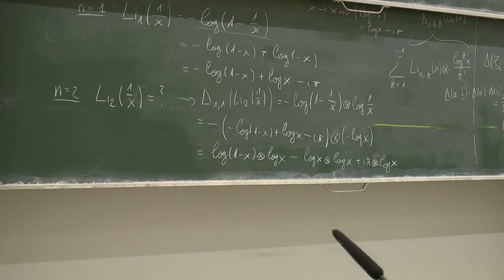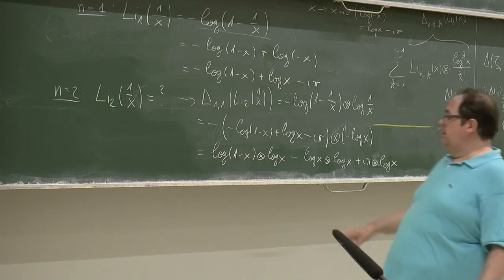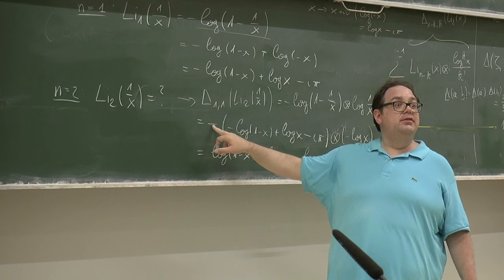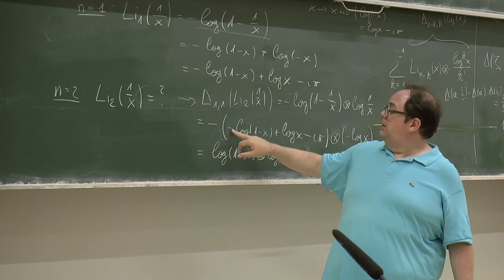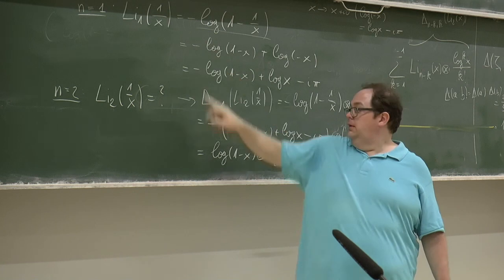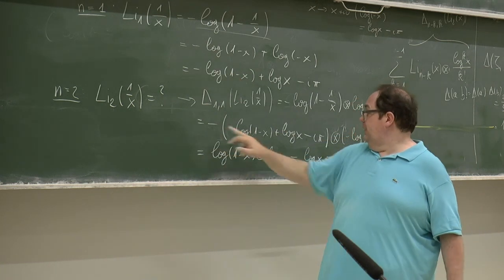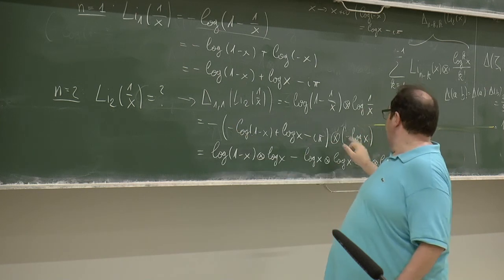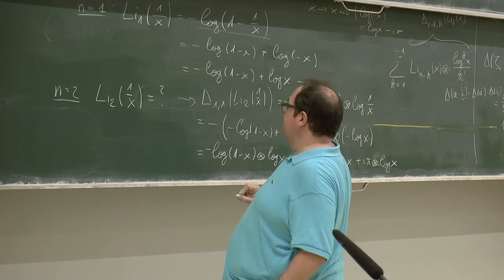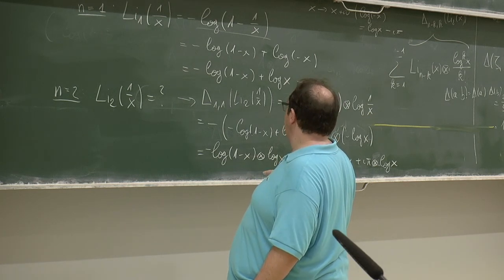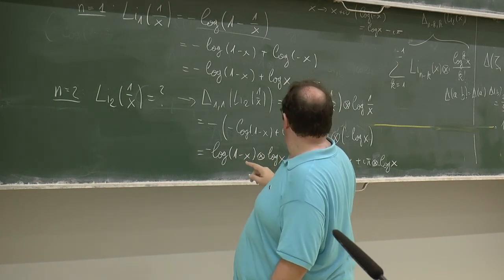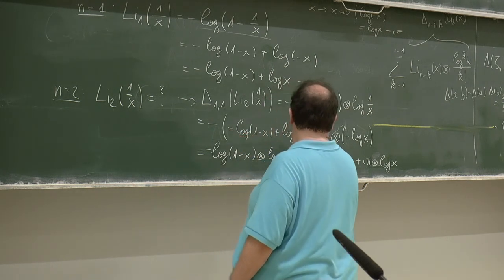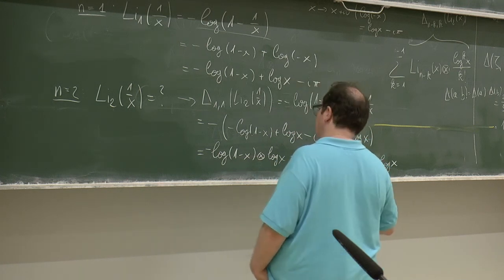Maybe the signs are the other way around. The D2 is minus something. Minus in the round bracket, the third minus in the second. Minus gives me plus, plus with a minus. No, that cannot be. It's all exchanged. Where is the exchange? The first bracket is not logarithm 1 minus x, it's minus logarithm.